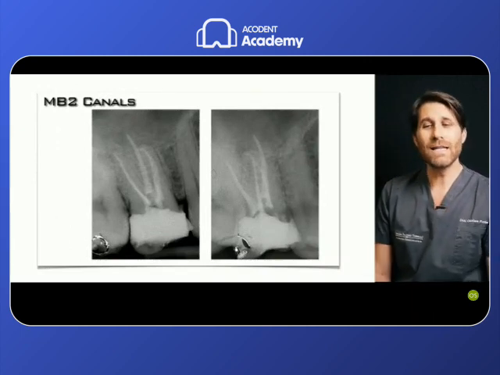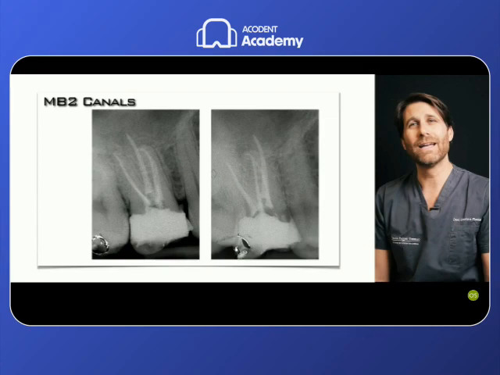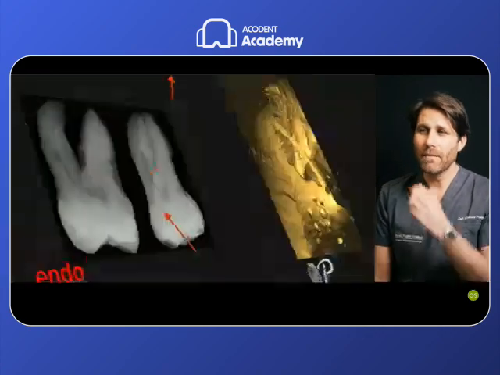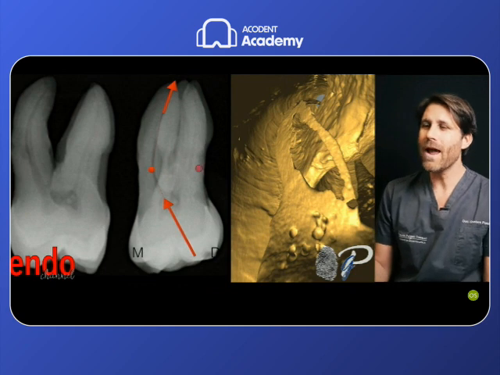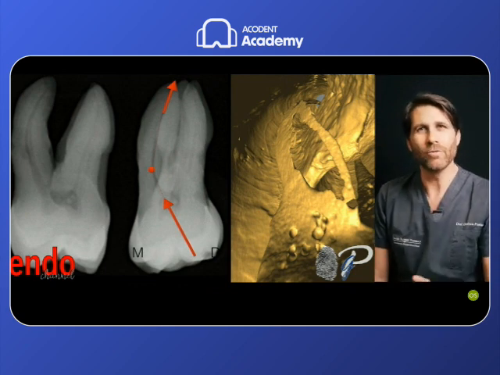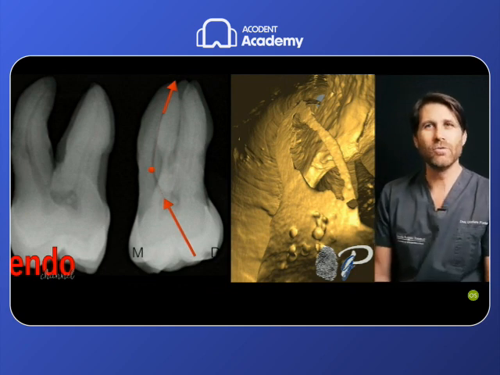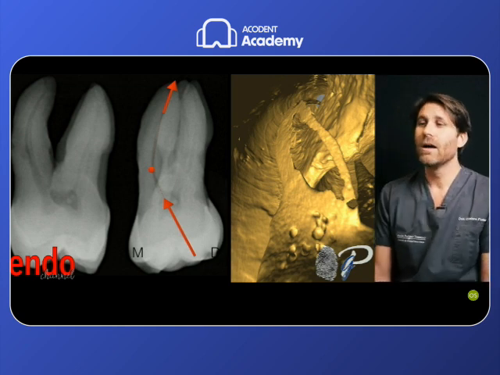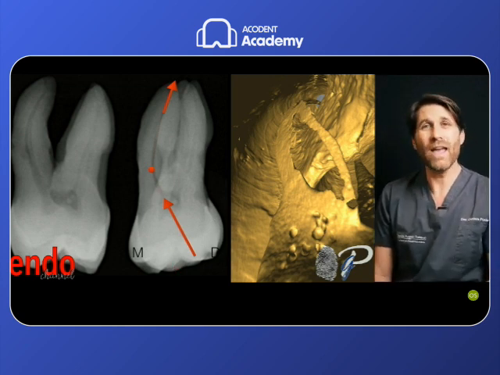Now, in this lesson, we are going to speak about the further step after orifice location, because in this case, as soon as we have found the orifice of these root canals, the most explicative of which is the MB2 root canal, we need to scout this orifice.